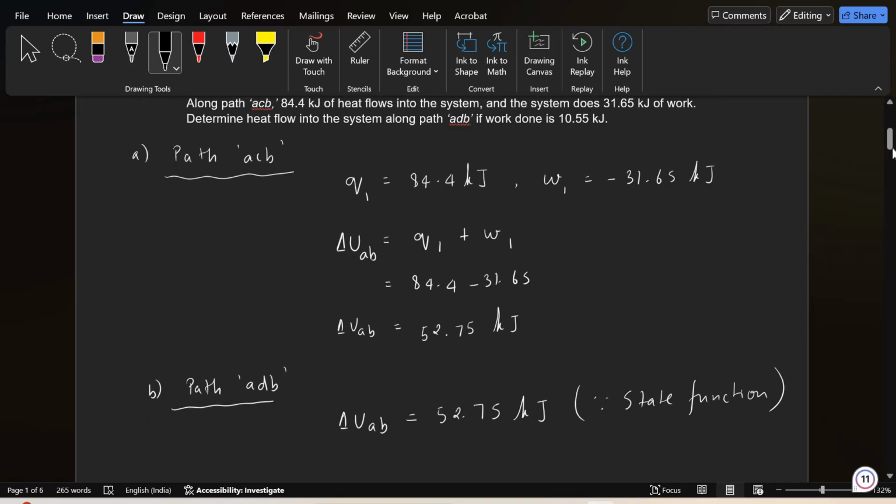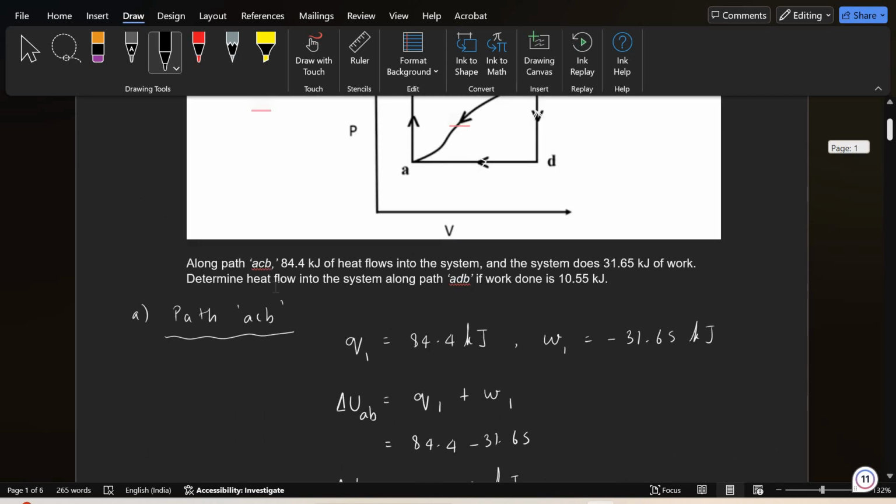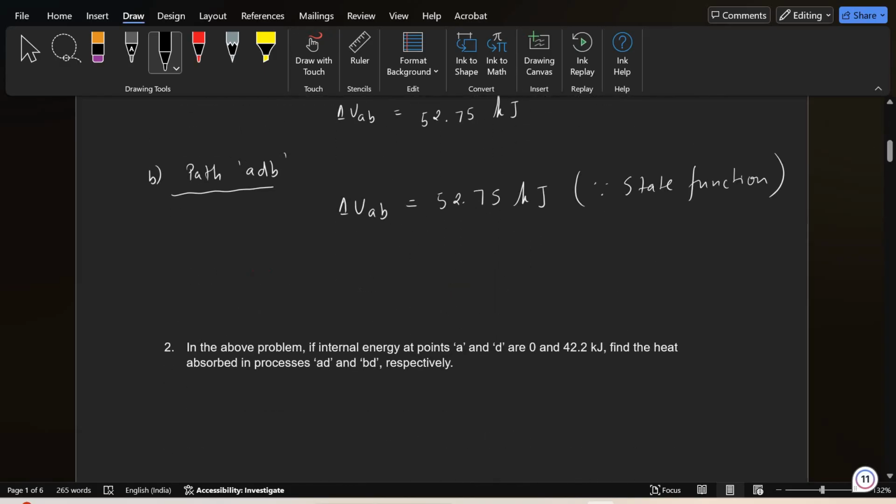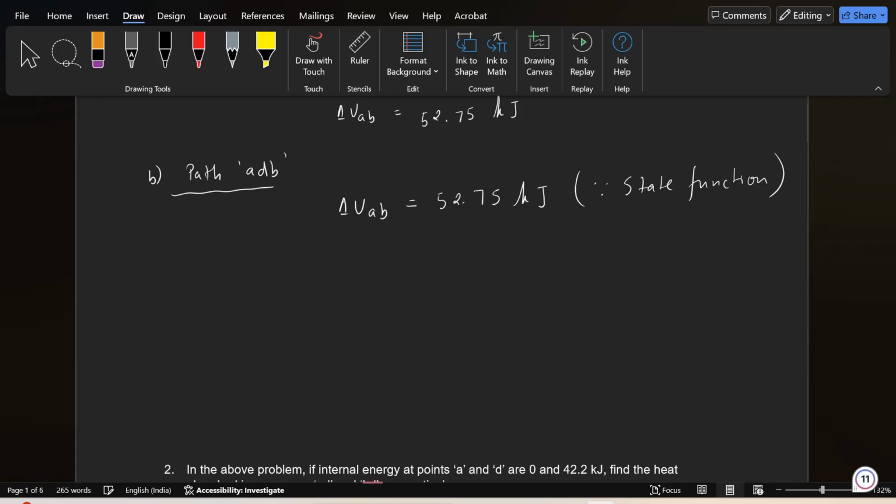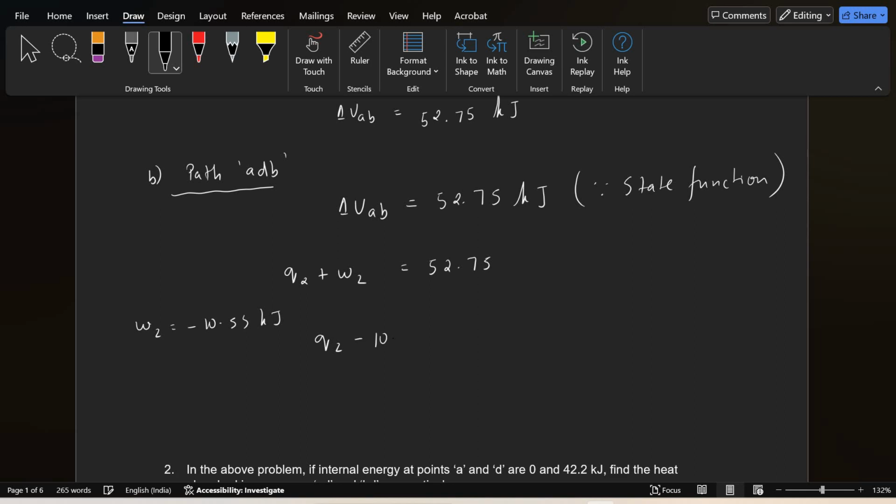Now what they are asking us is what is the heat flow into the system along this second path, if work done by the system is 10.55 kilojoules. For this path, Q2 plus W2 is equal to 52.75. Now W2 is given as minus 10.55 kilojoules, so Q2 minus 10.55 kilojoules is equal to 52.75 kilojoules.